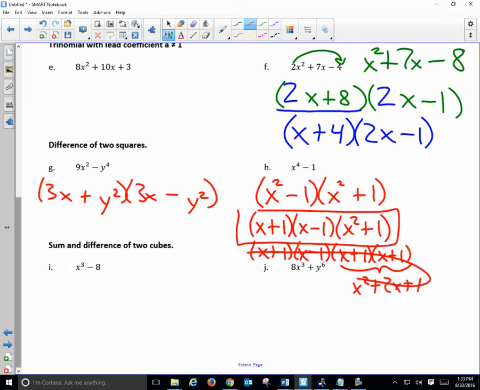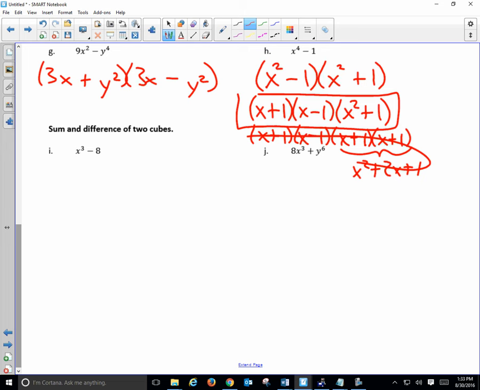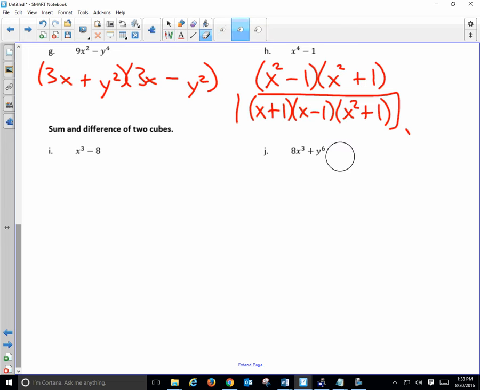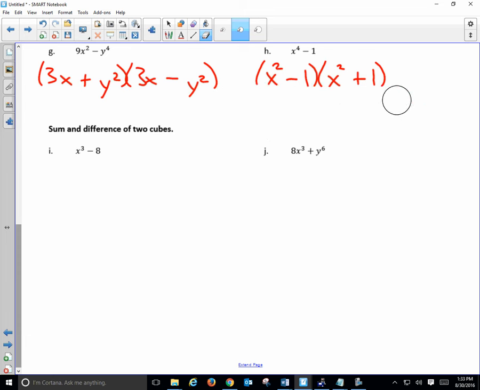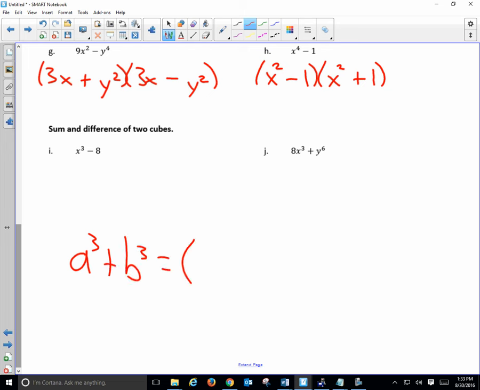So let's try cubes now. Unlike squares, the sum and difference of cubes, both of those factor. Now the question is, can you remember the formula? Because you will not get this formula on your test. So if you have a cubed plus b cubed, here's how I remember it. You find out what a and b are.